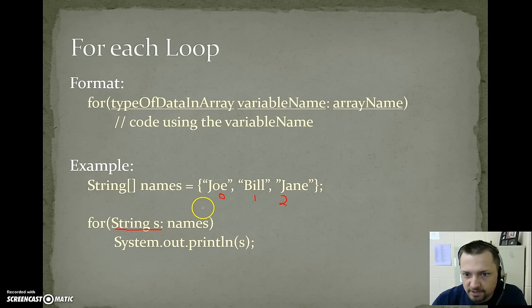So String s equals Joe, and then we print Joe. Then it comes back around and s changes to the next item, Bill. Then we come back around, s equals the third item, which is Jane. Then it comes back around and says, oh, there's no more items. I'm done. And the loop will stop.